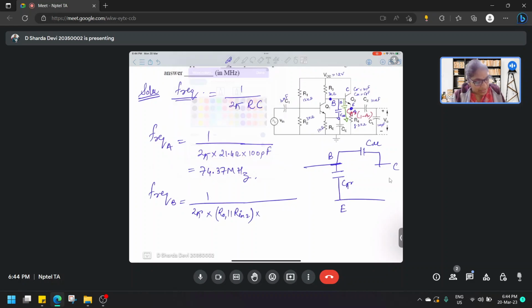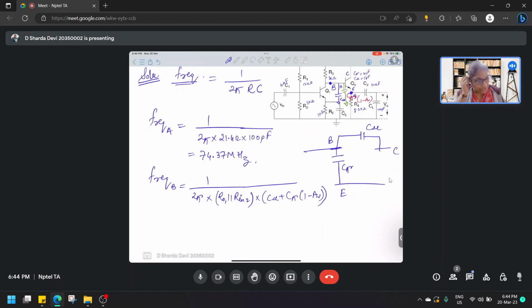So the resultant capacitor over here will be C mu plus C pi into 1 minus AV. So this is the resultant capacitor that we will observe at this particular point.